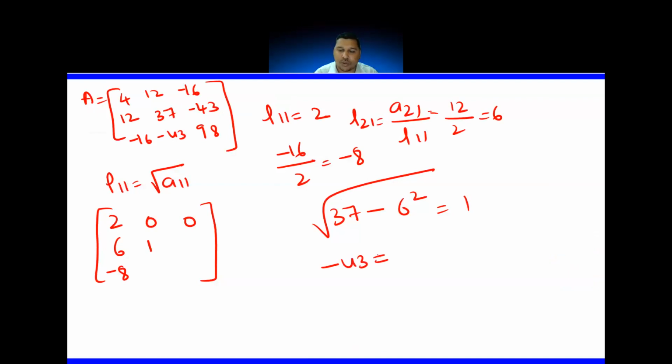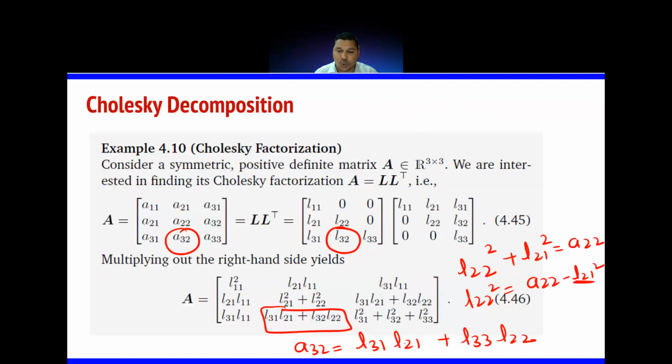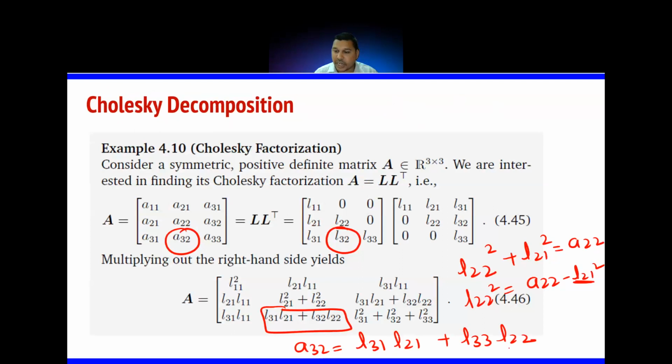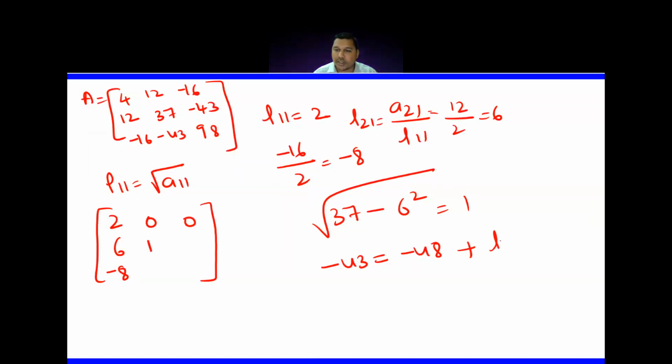So minus 43 equals L31 times L21, which is 6 into minus 8, so minus 48, plus L32 times L22, where L22 is 1. Now you solve this: bring the 48 to this side, and L32 becomes 5. This is anyhow 0.